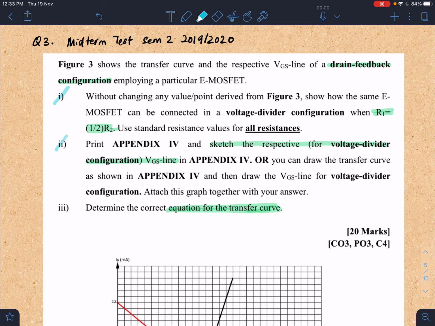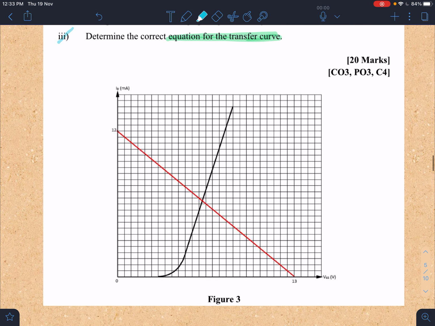Number 3: determine the correct equation for the transfer curve. Let me explain this question. This question asks you to design a voltage divider configuration by using the information given in this graph.